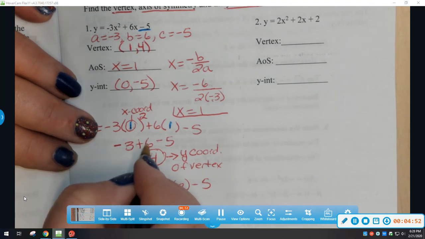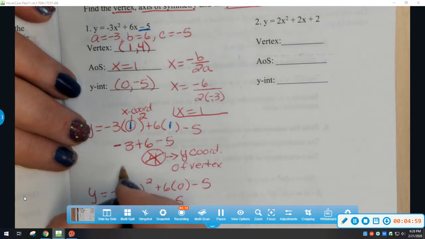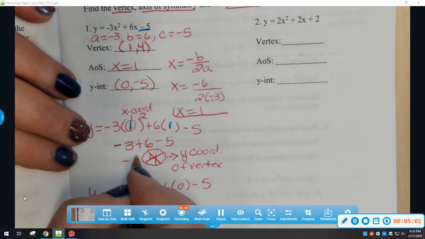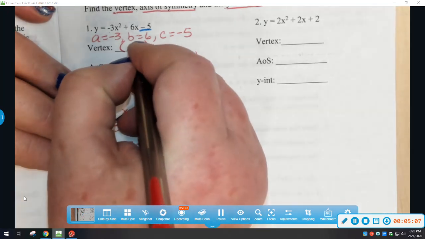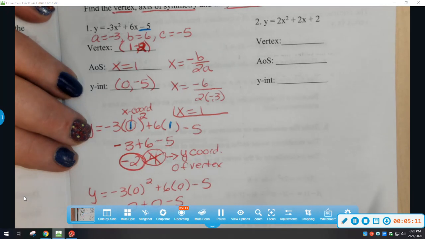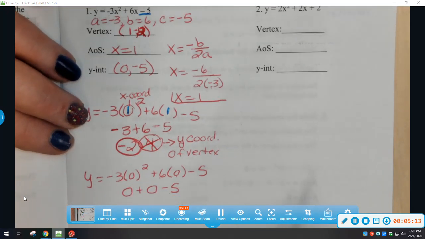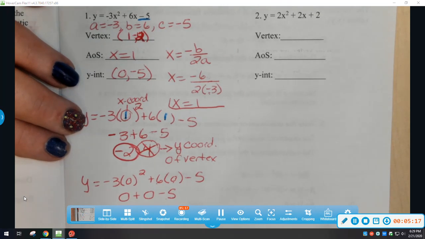Negative 3 plus 6 is 3. 3 minus 5 is negative 2. Negative 2 is the y-coordinate of our vertex. That's why, actually, it was good that I checked my work on that one. I dropped that negative.